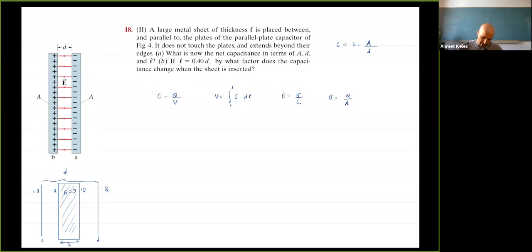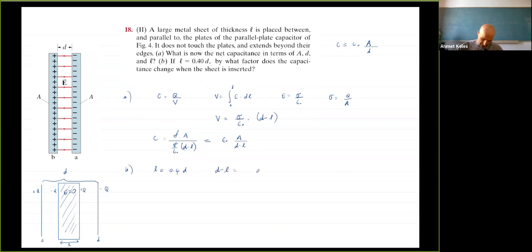So overall, V is equal to E, which is sigma divided by epsilon naught, times the total distance minus this little distance, which is D minus L. Now I can put this in the equation for C. Q is equal to sigma times area, divided by sigma over epsilon naught times D minus L. As a result, C is epsilon naught area divided by D minus L.